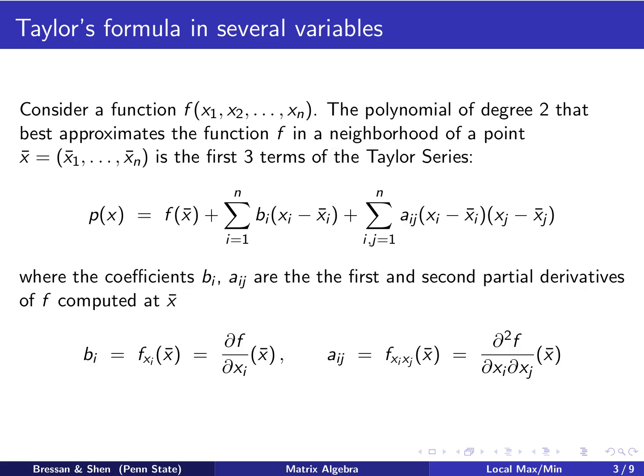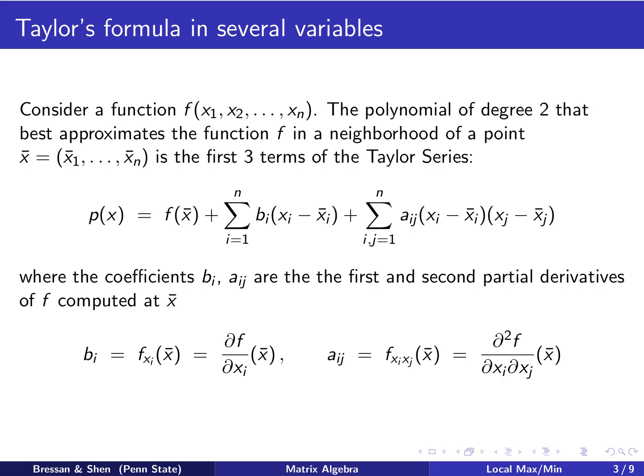This will be the bi. And we will be using this notation. We will write a subscript here, so f, here's a subscript xi. This notation means the partial derivative of f with respect to xi. Okay? And then the aij's here are actually the second partial derivative, as follows.